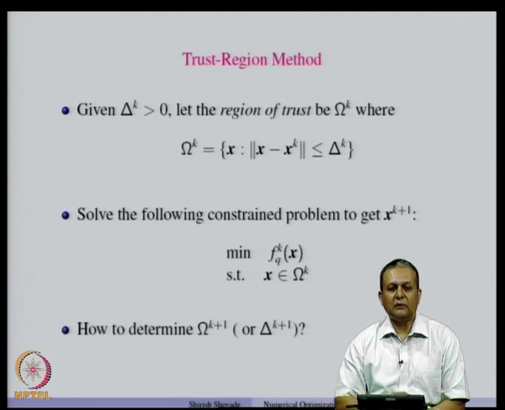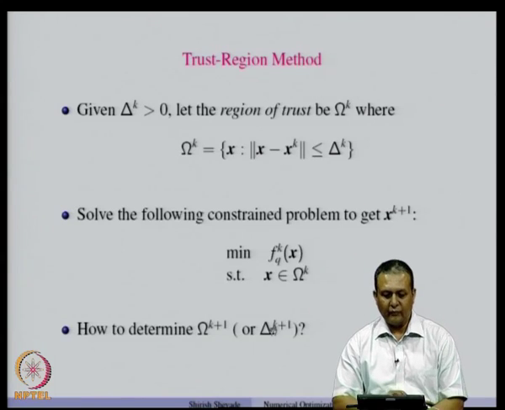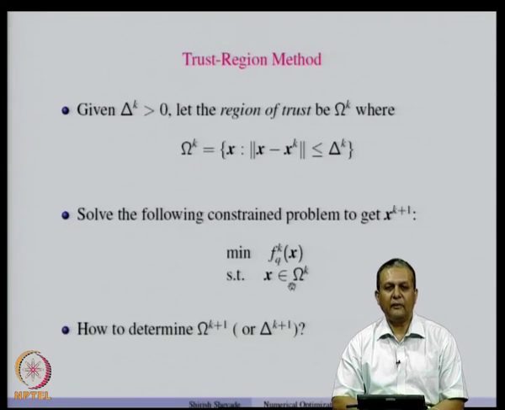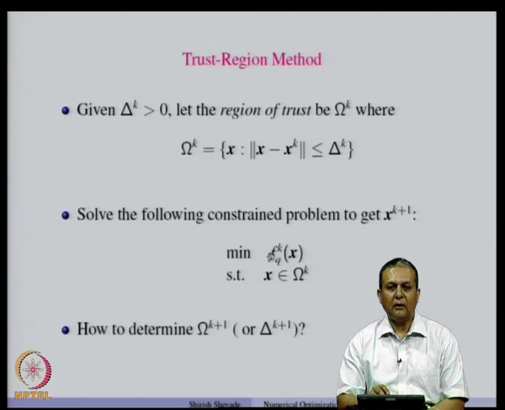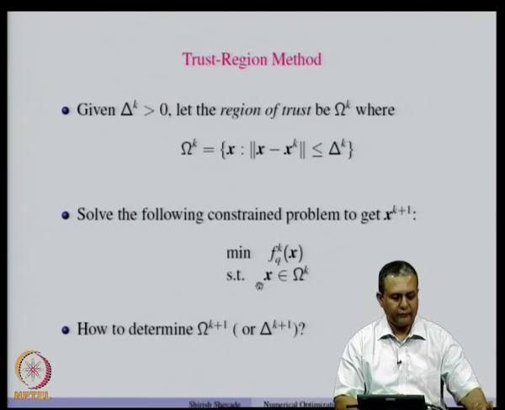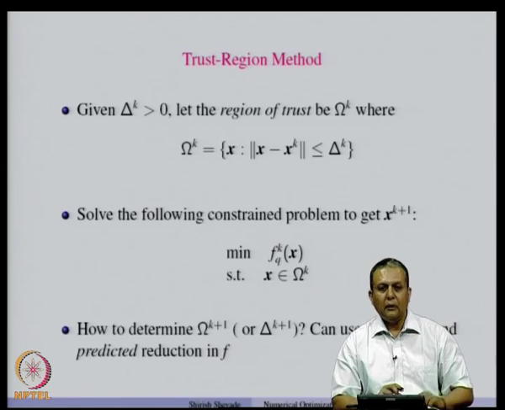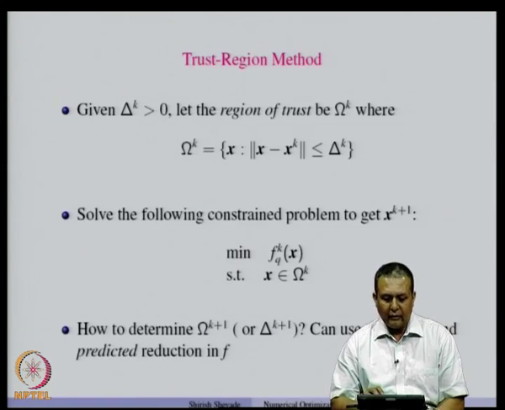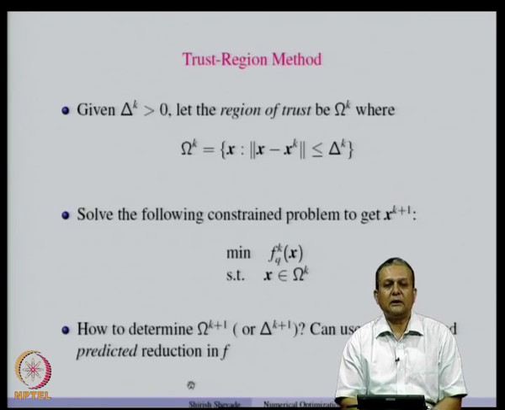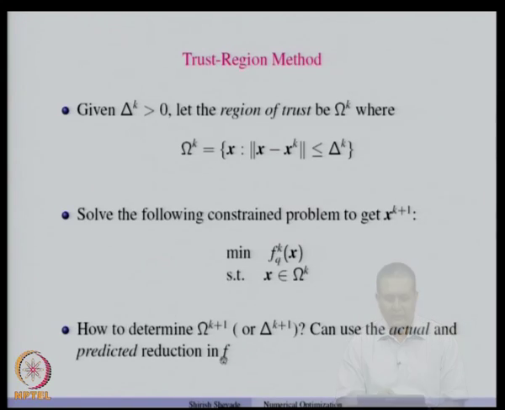So, in other words, what we are interested in is finding out how this delta k plus 1 is obtained, if we have knowledge of x k plus 1, which is the constrained minimizer of this optimization problem. Now, one can use the ratio of the actual reduction in f to the predicted reduction in f to find out delta k plus 1, and we will see how to do that.